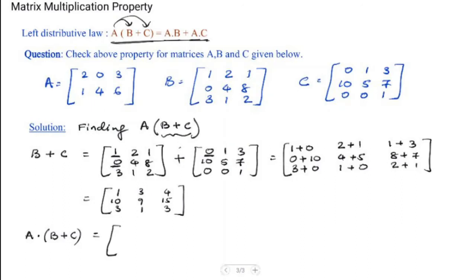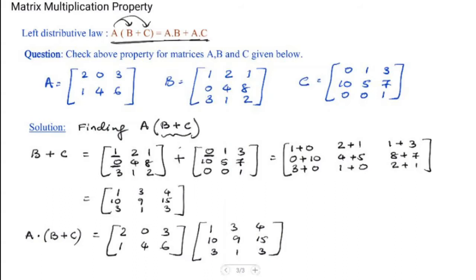So A here we have 2, 0, 3, and then 1, 4, 6, and B plus C is 1, 3, 4, 10, 9, 15, and then we have 3, 1, 3.